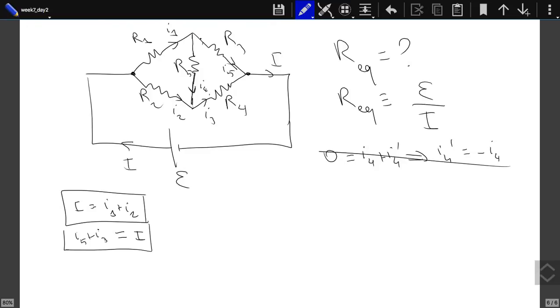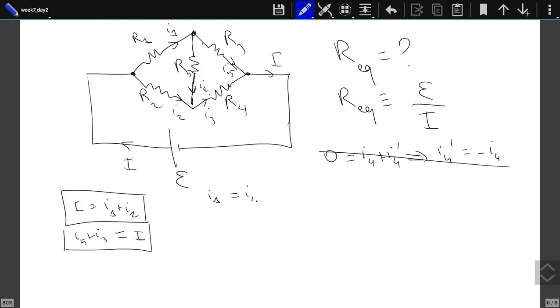Now let's look at this point. The sum of the currents entering that point, the top one, this one, is just I1. And I4 and I5 are leaving that point.